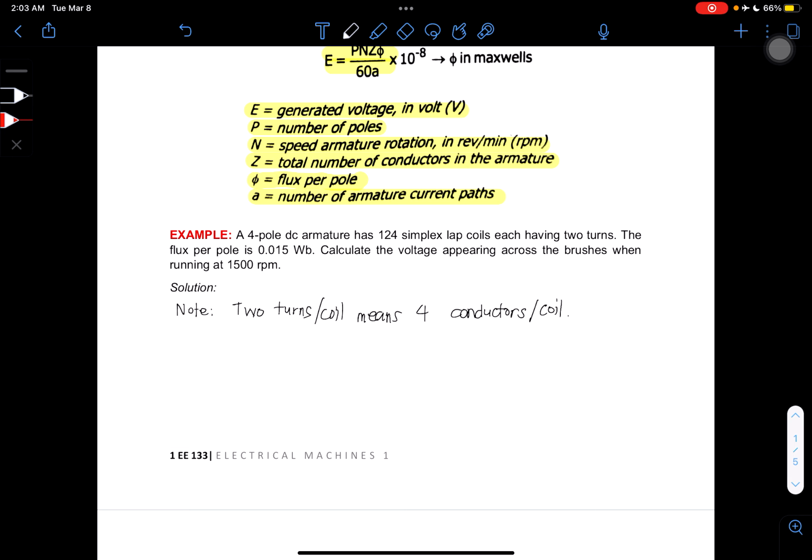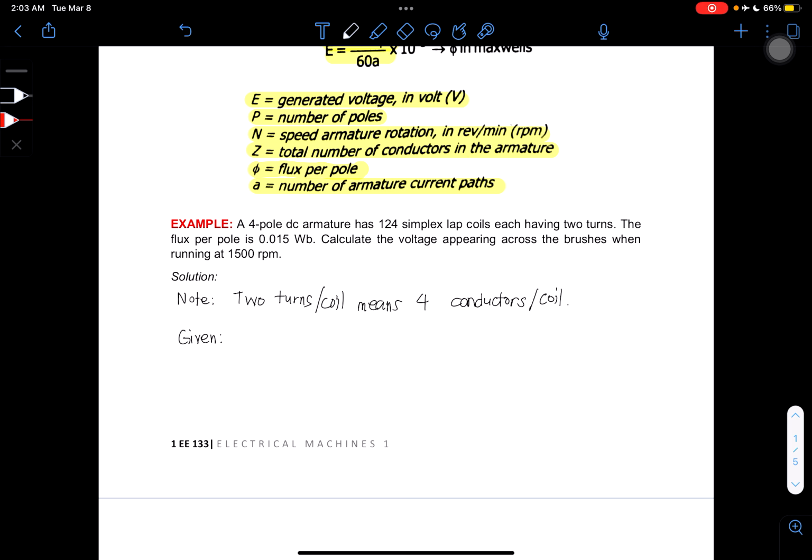So first we need to write our given from our problem so it is easier to analyze. The problem gives P, which is 4. And we have N, which is 1,500 RPM.